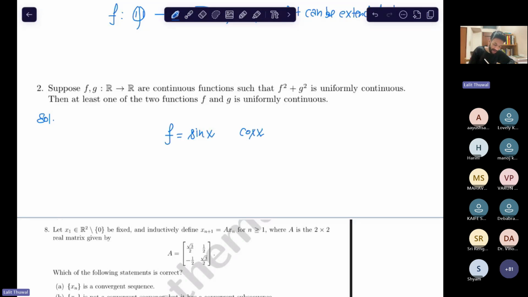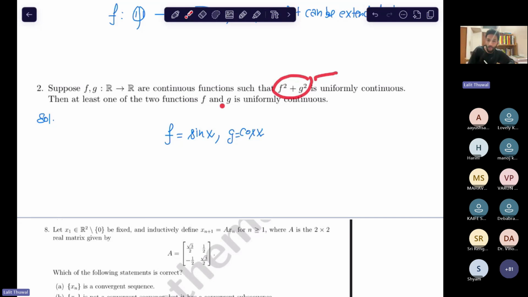I'm not saying that they are not uniformly continuous, just think first. But what do we want? We are searching for functions where f square plus g square is uniformly continuous, but neither f nor g is uniformly continuous.